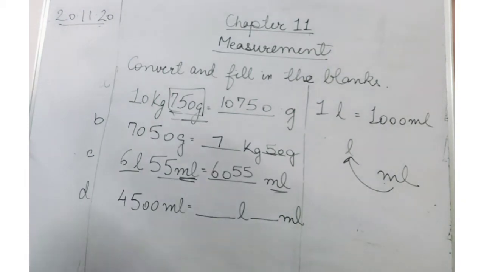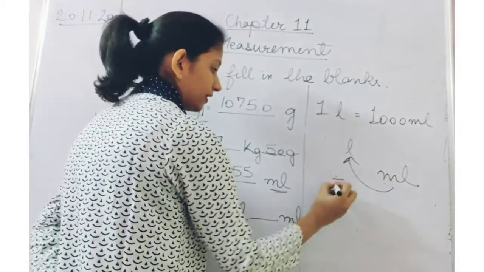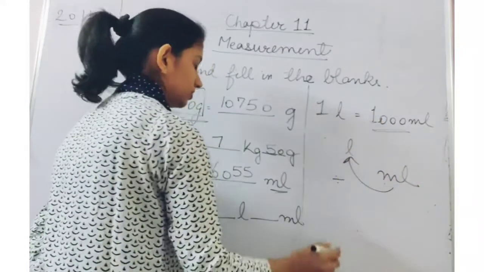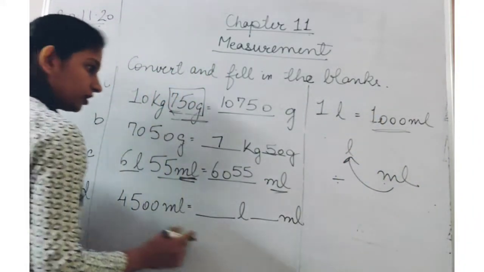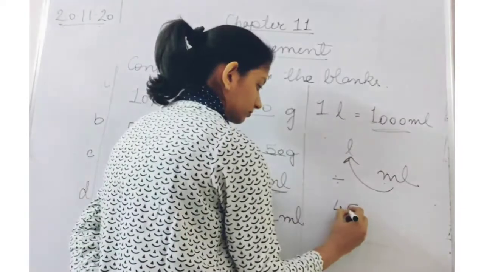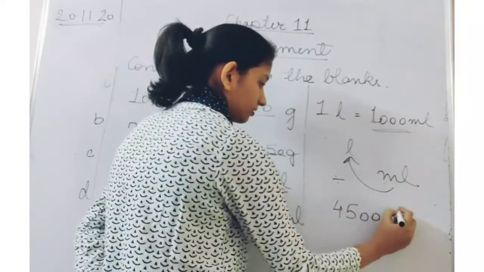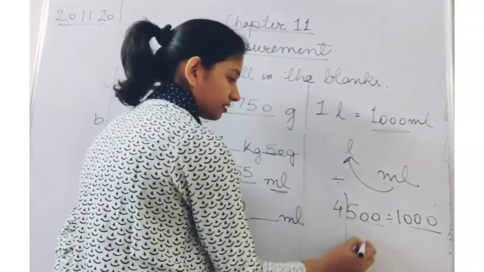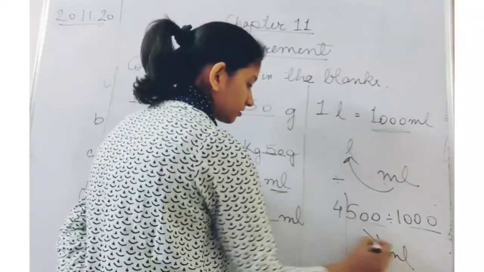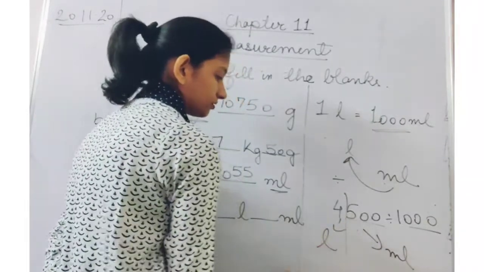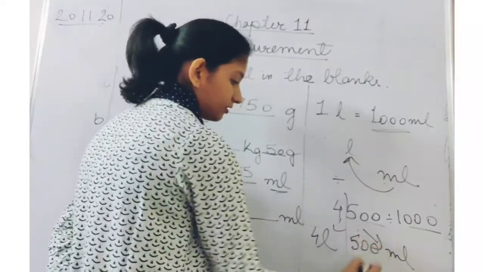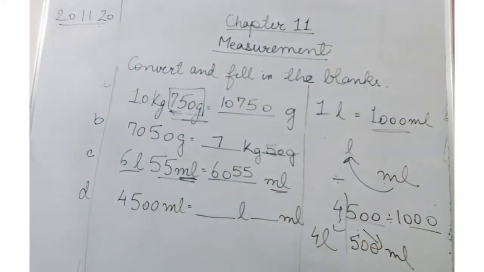When we are going from small to big, we will divide by 1000. So 4500 divided by 1000. Again, there are 3 zeros here, so just separate the last 3 digits. This will be the milliliter, this will be the liter. So you will have here 4 liter, 500 milliliter. Simple as that.